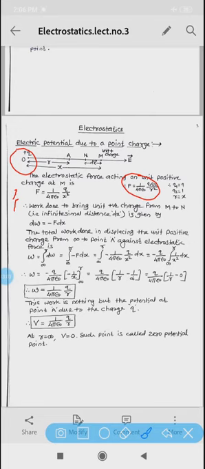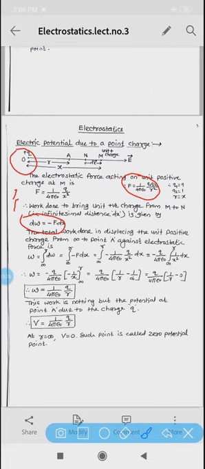So to move the charge from point M to N, work must be done, and therefore the work done to bring a unit positive charge from M to N is given by dW is equal to minus F into dx. This negative sign indicates that the force and displacement are oppositely directed.